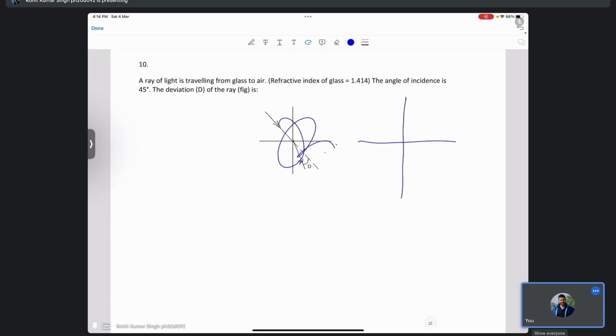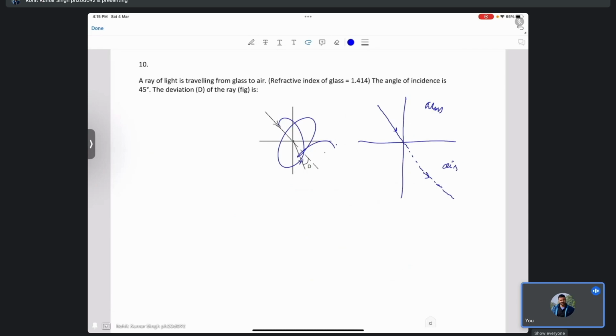So light ray is traveling from glass to air. This is the glass medium, this is the air medium, okay? And this is the normal. If it had been uniform glass, the light ray would have traveled in a straight line.